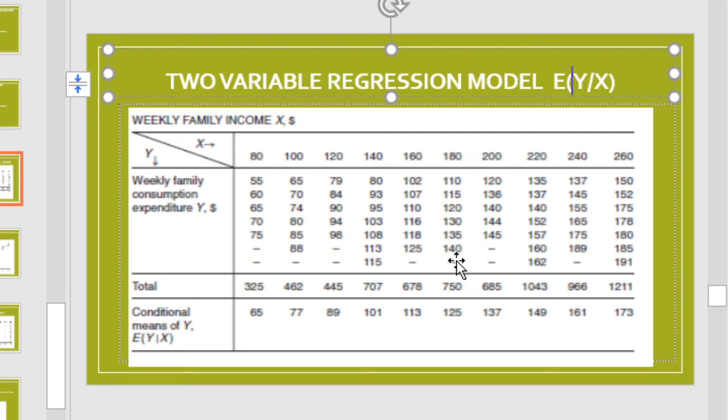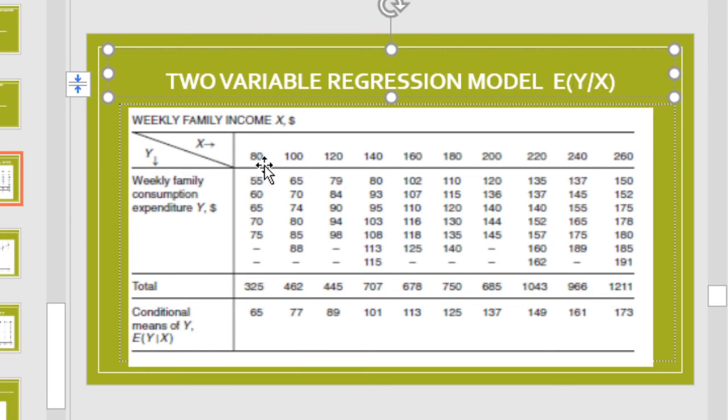Here, the simple difference between conditional and unconditional: if we take the expected value or the average value of the total population without any condition, then we will get the unconditional expected value of y. If we add some conditions, here this is conditional in the sense that we have classified the income group into 10.